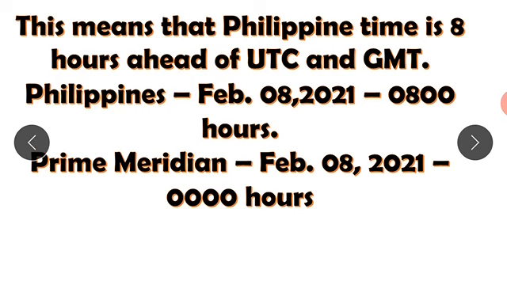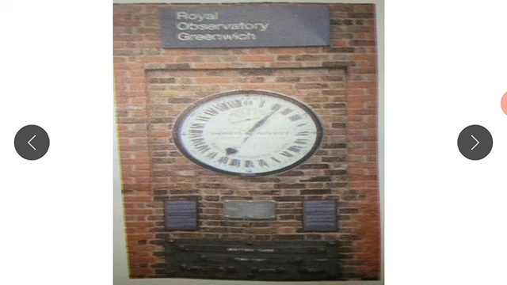The meaning of UTC is Coordinated Universal Time, while GMT is Greenwich Mean Time. I will repeat, UTC is Coordinated Universal Time, while GMT is Greenwich Mean Time. So you can get the time at every location on Earth if you know how many degrees it is east or west of Greenwich.